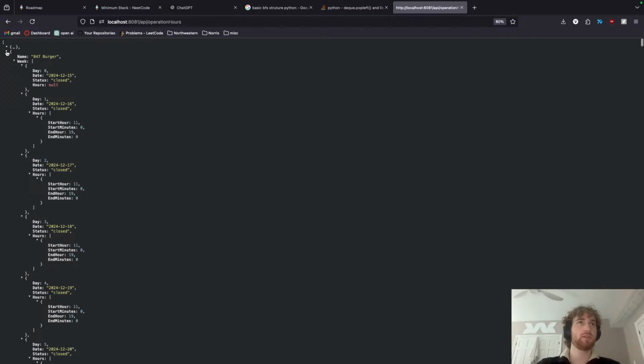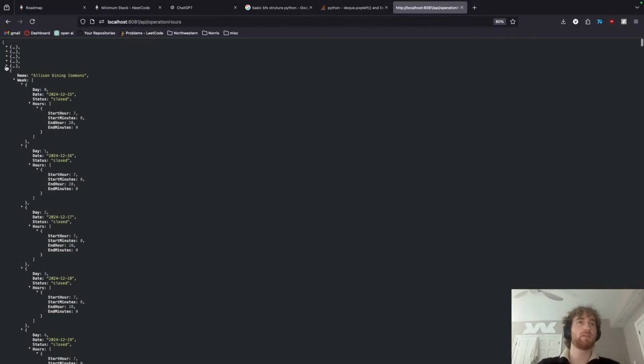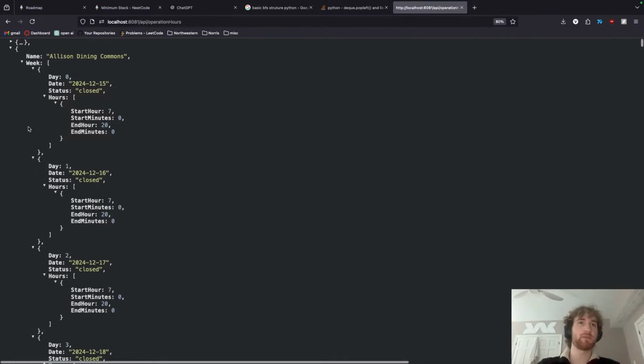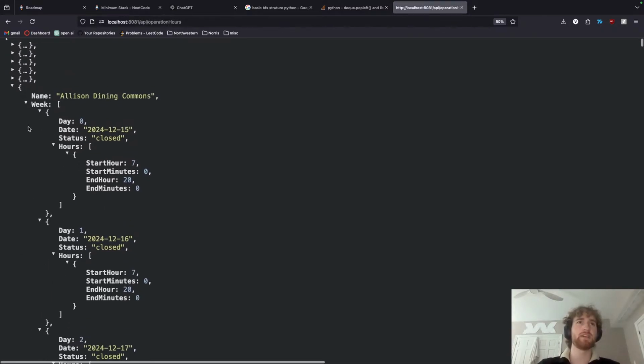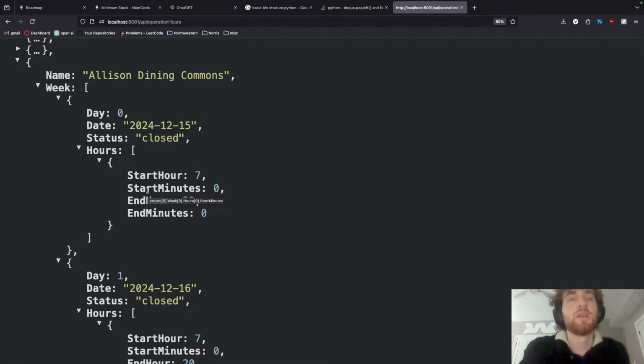So last time we made this pretty basic API endpoint. This is like the type of stuff it gives me. Real-time data of like the name, closed and all that type of stuff.